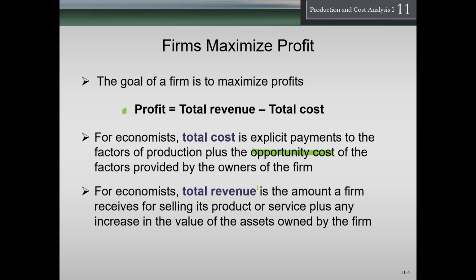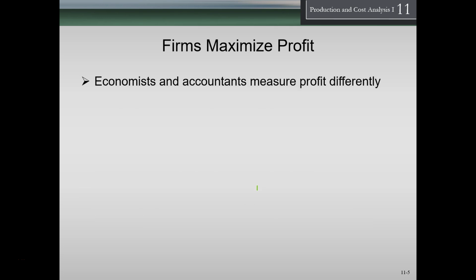We might be going to school in order to get a job that we might enjoy better. And that would be part of something that should be in our decision-making process, on the plus side, on the revenue side, and somehow be factored into our decision.